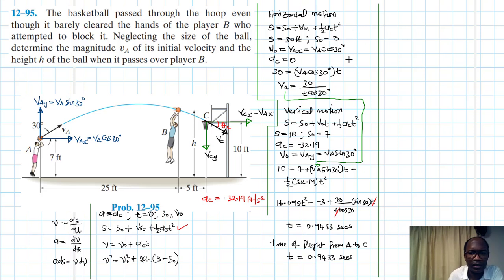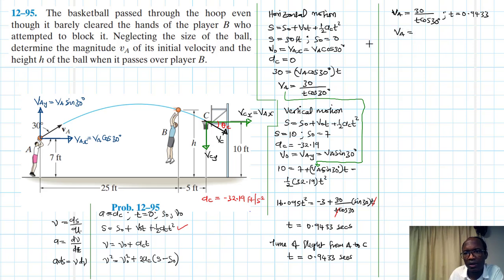So let's find VA, so we can use this equation. VA is equal to 30 divided by T cos 30, and we know that our T is equal to 0.9433.